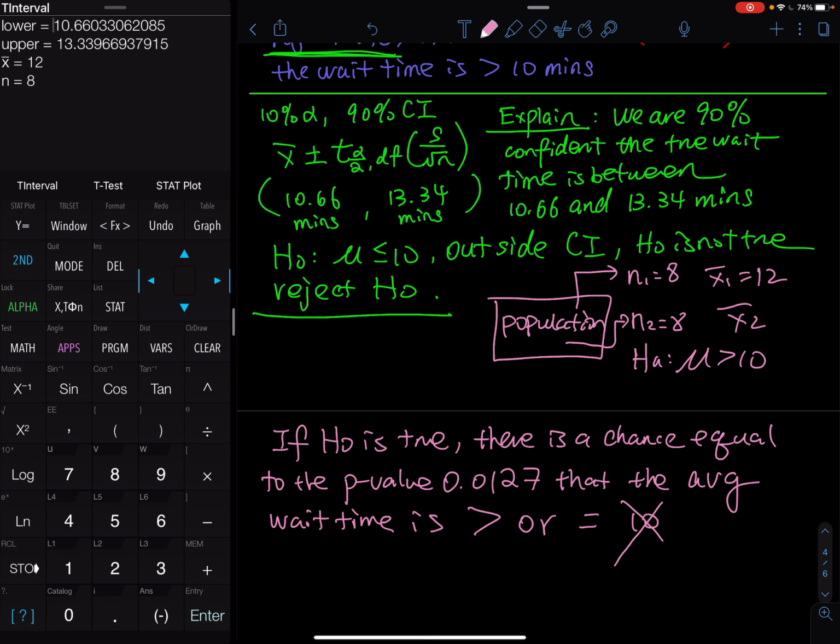No, not 10. The answer is 12. What is 12? This is my x bar.